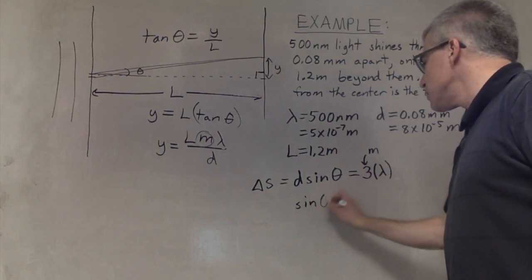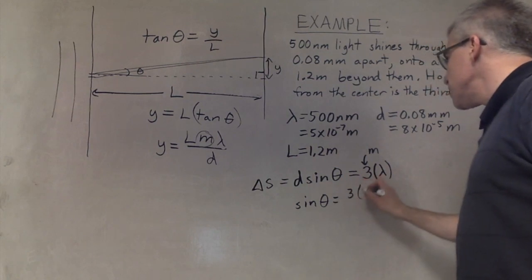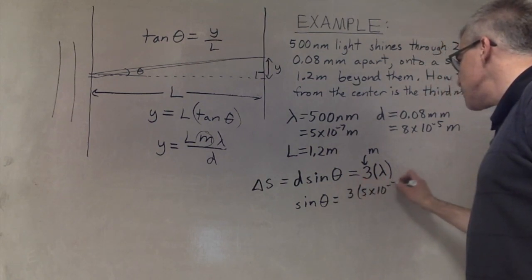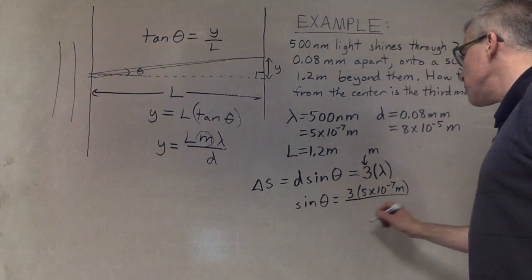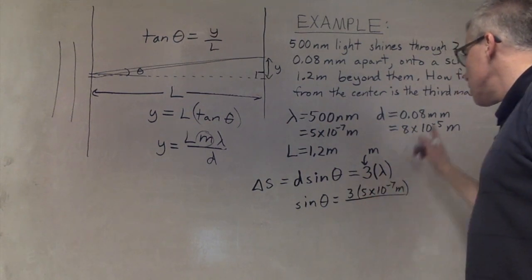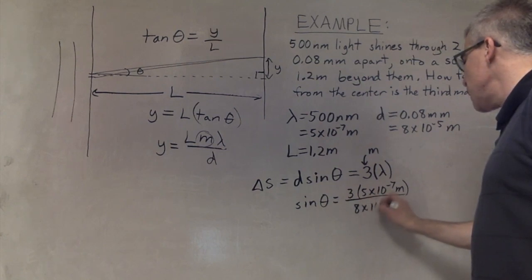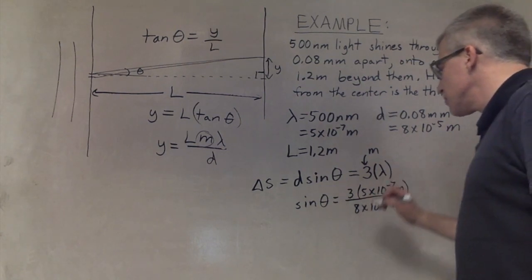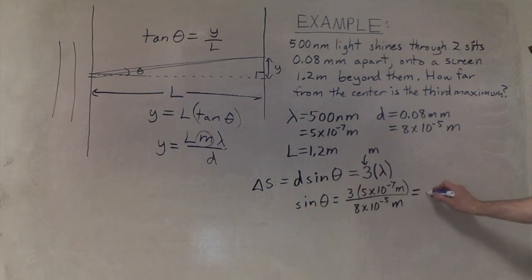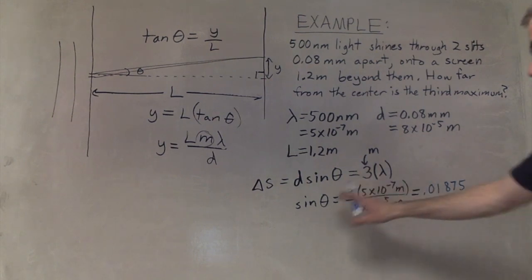Sine of theta is 3 times 5 times 10 to the negative 7 meters divided by d, which is 8 times 10 to the negative 5 meters. And we get 0.01875 is the sine of the angle.